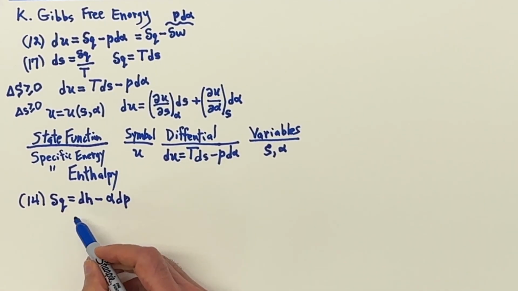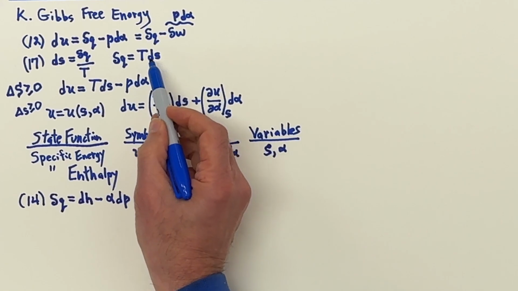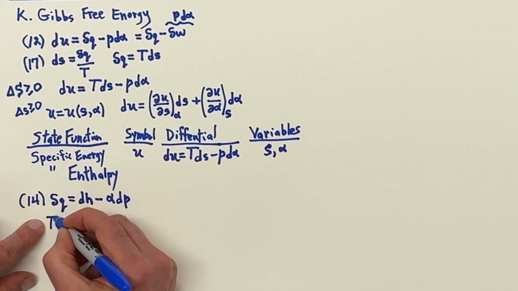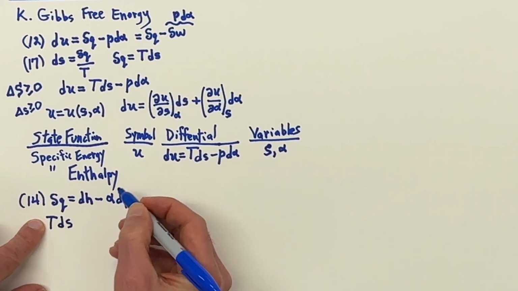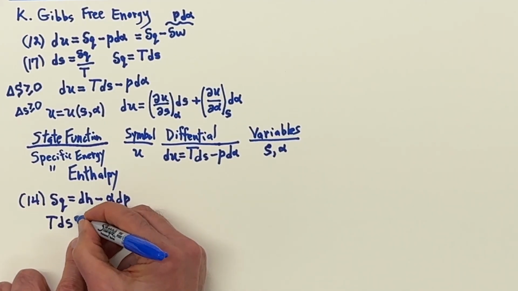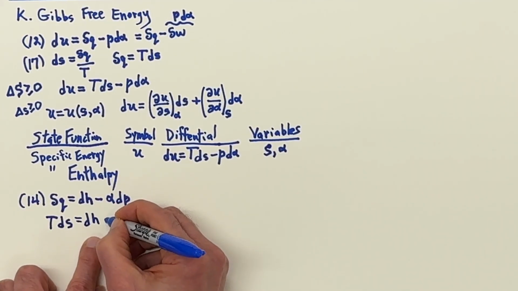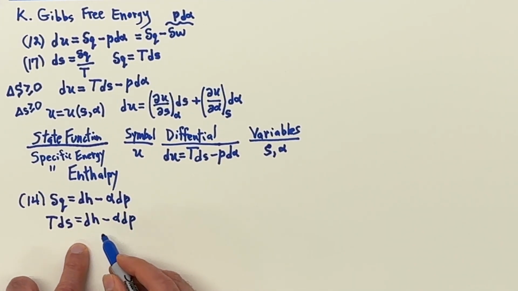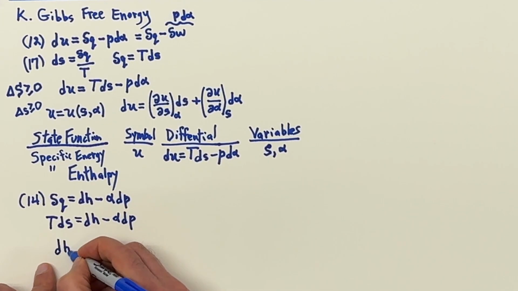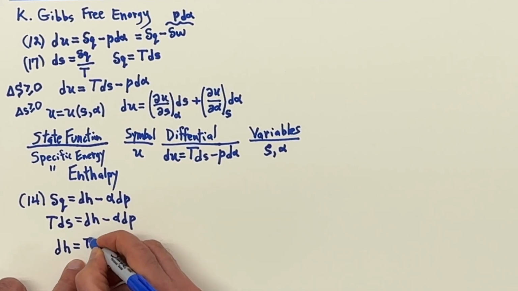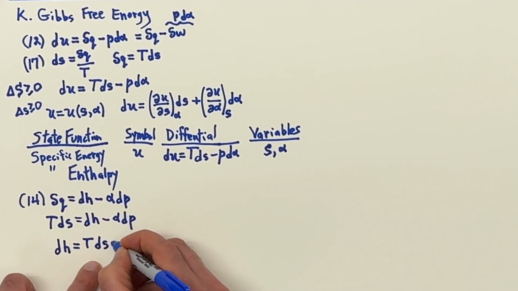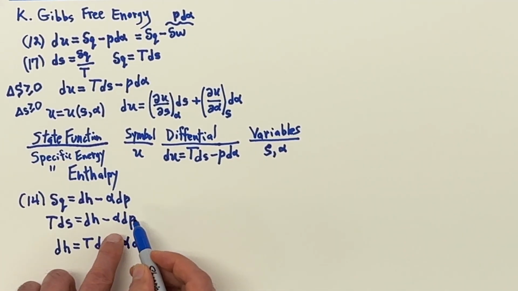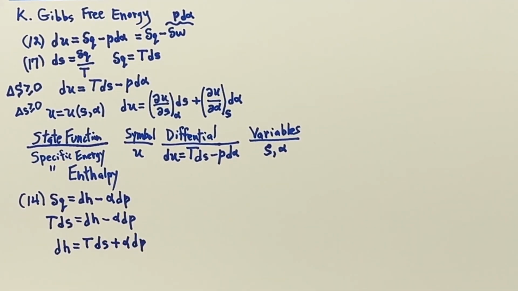Now what I would like to do with this equation is bring in the TDS for the left side. TDS, the substitution there. And that's then dH minus alpha dP. And then the next step, I want to solve for the dH. So the dH is equal to T ds plus alpha dp by bringing the alpha dp on the other side of the equation.